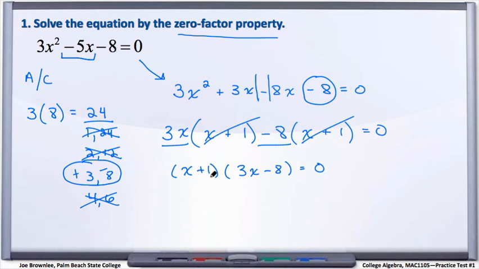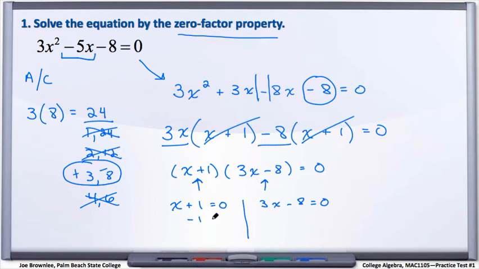But again, we've factored, and now because the directions tell us to use the zero factor property to solve, we're going to set each of these factors independently to 0 and solve, meaning take x plus 1, set it to 0, and then take 3x minus 8, set it to 0, and solve.